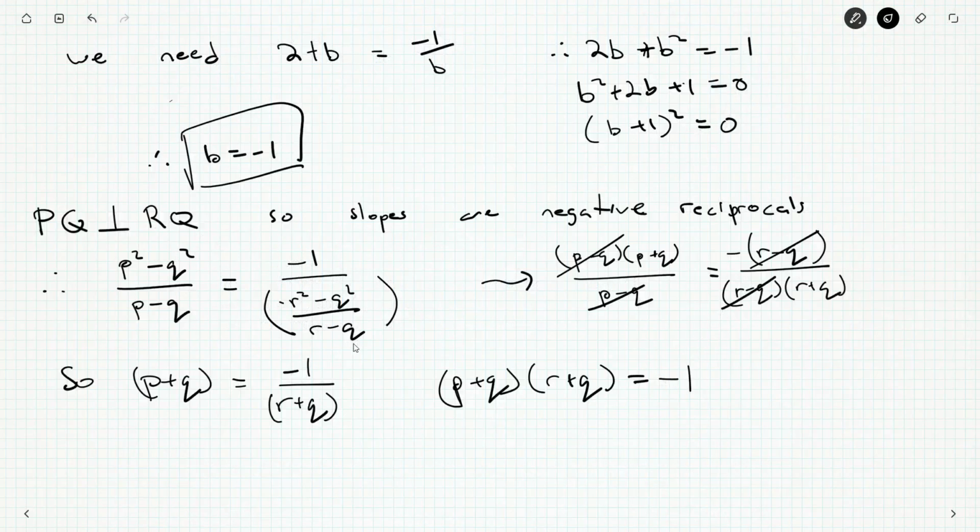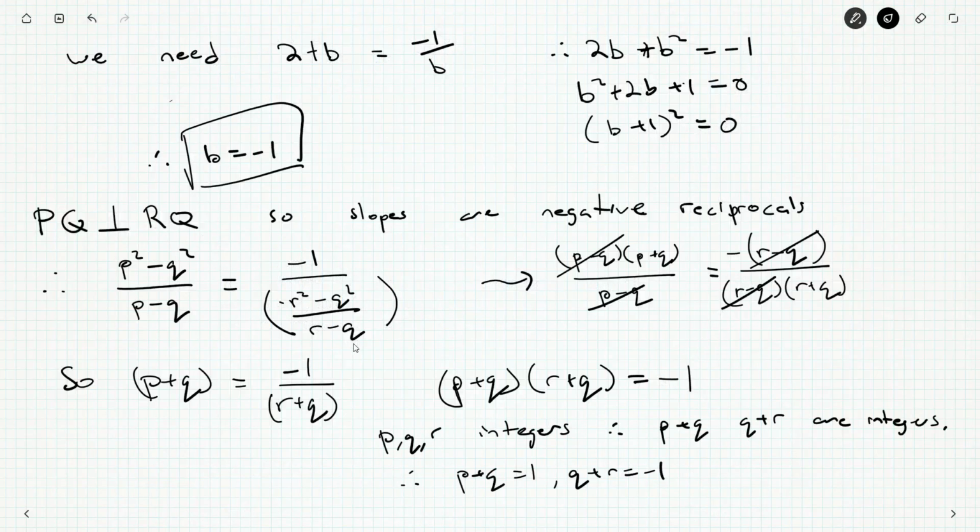So I would say something like P, Q, R integers. So P plus Q, Q plus R are integers. So we have two possibilities.